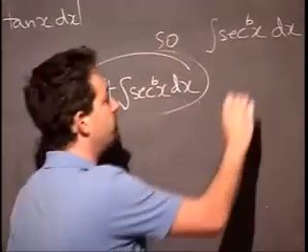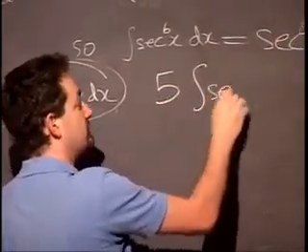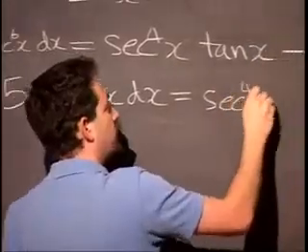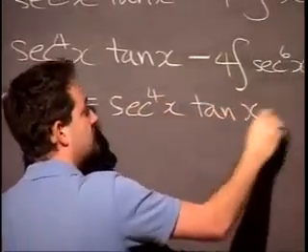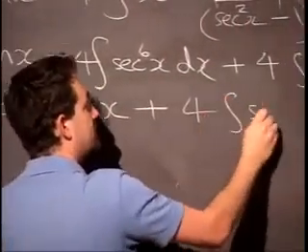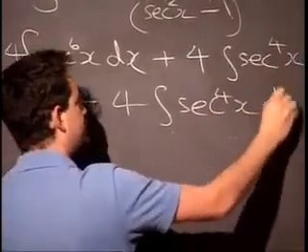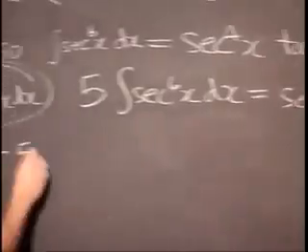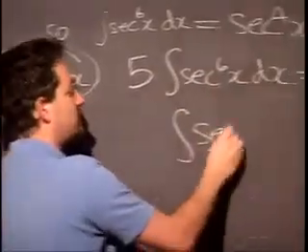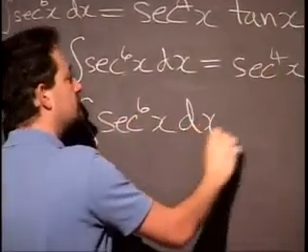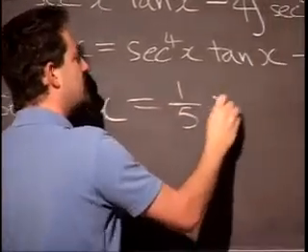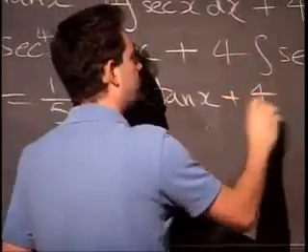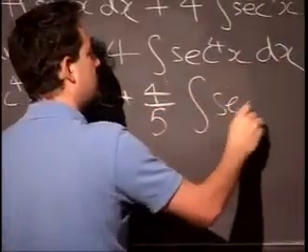And this will give us 5 times the integral we want is secant to the 4th x tan x just plus 4 integral of secant to the 4th x. And you divide by 5. And you get the 6th power is 1/5 secant to the 4th x tan x plus 4/5 the integral of secant to the 4th x.